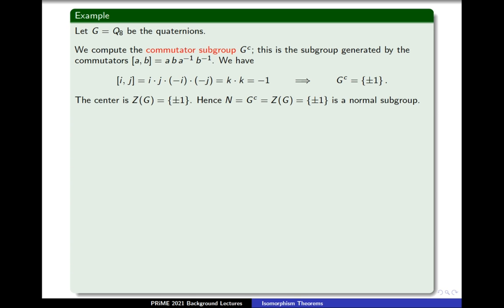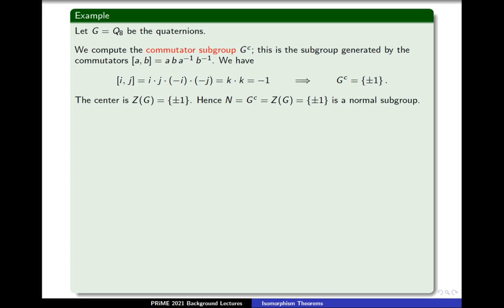For example, for this group of the quaternions, we can compute the commutator of the elements i and j, and we get i times j times i inverse times j inverse. This is i times j times minus i times minus j, which in the group is equal to k times k, and that is equal to negative 1.